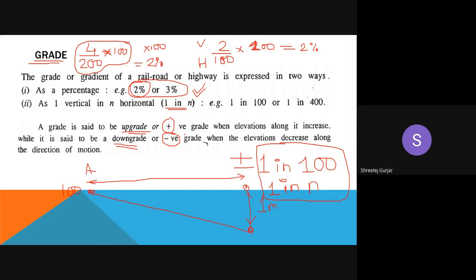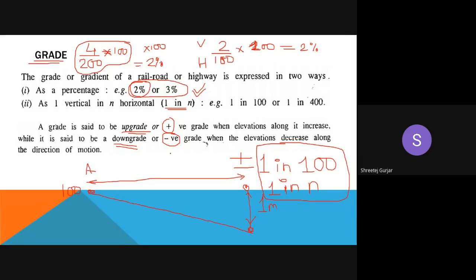Gradient is used only in a vertical curve, not in horizontal curves. Vertical curves move in upward and downward direction in the vertical plane, and horizontal planes are always level. So gradient only comes into the picture when you are dealing with vertical curves.